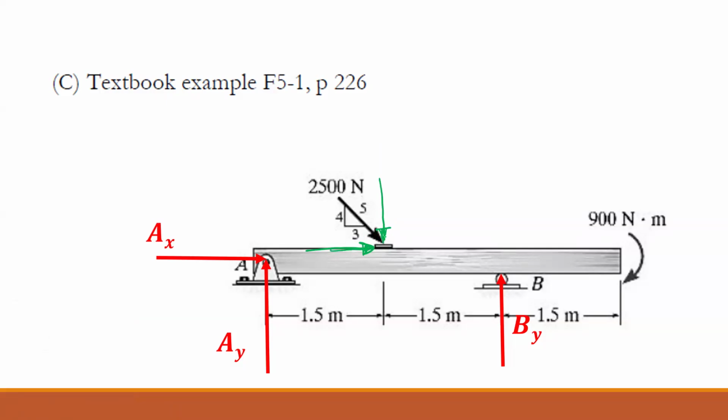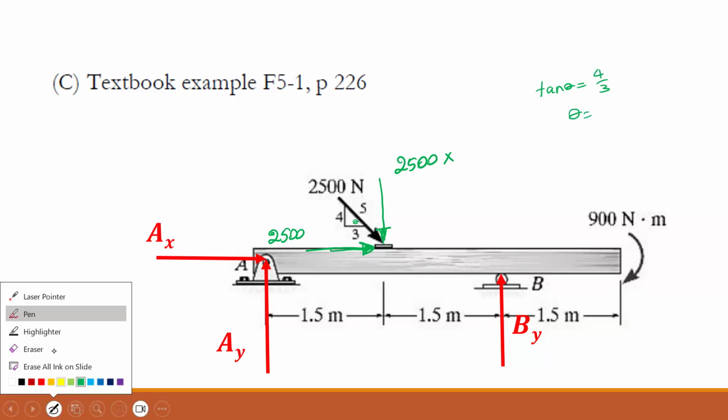Do you remember how to divide this 2,500? The X direction is 1500 and the Y is 2000. So how did we do that? In the Y direction, you can find this theta, write tan theta as opposite over adjacent, and use cos and sine.